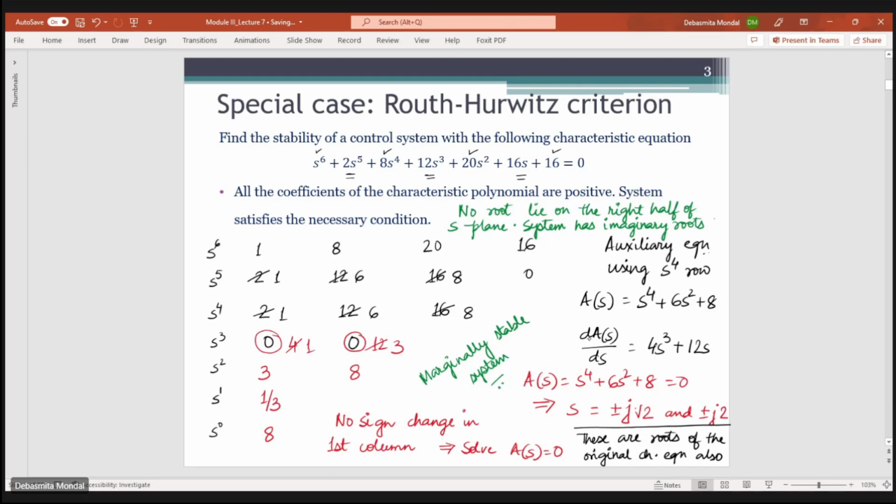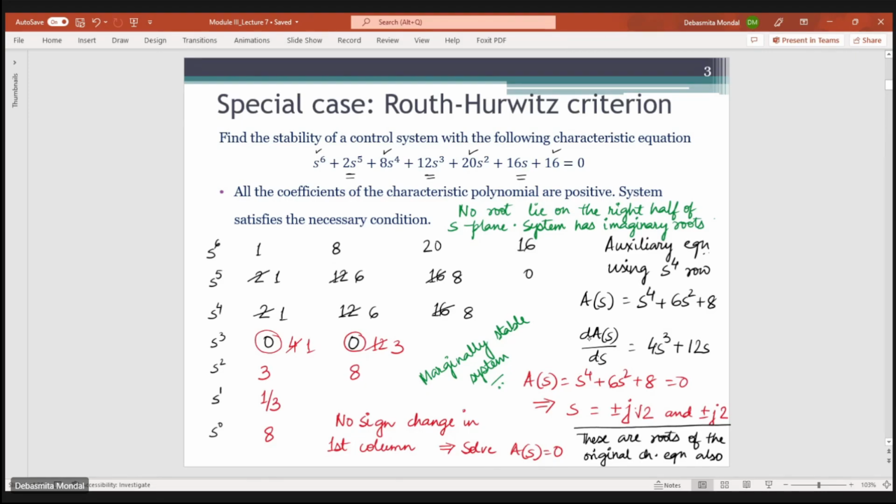For the second element, you get 1 multiplied by 20 minus 1 multiplied by 8, divided by 1, which is equal to 12. The third element will be 1 multiplied by 16 minus 1 multiplied by 0, divided by 1, which is 16. Here also you can simplify by dividing by 2, so you have 1, 6, and 8.